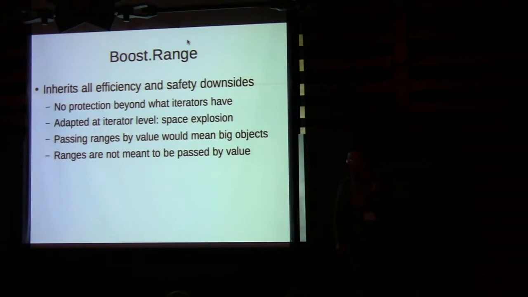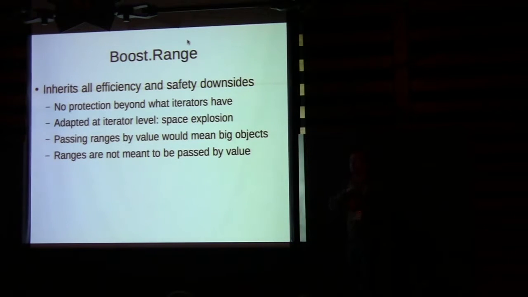It inherits the efficiency and safety downsides, right? It has no protection beyond what iterators have. Some range libraries know when they're empty, and if you then try to access the next element, they can assert. Boost Range depends on the iterators, and the iterators, well, there's the debug standard libraries.